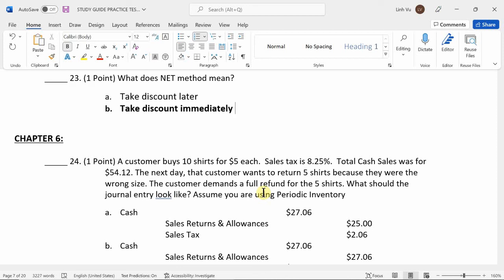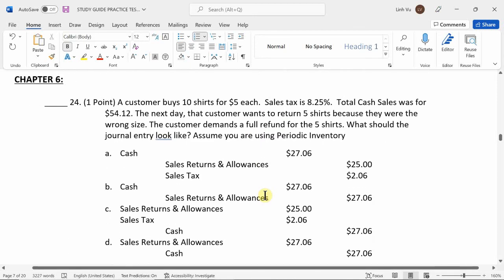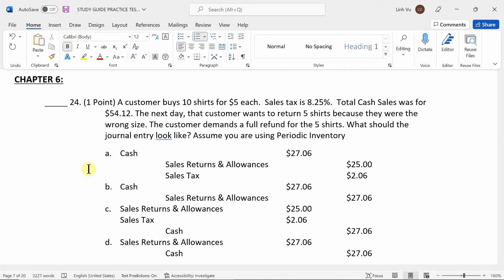What should the journal entry look like? Assume that you are using periodic inventory. So you're returning to a customer. We are just doing the portion where we are refunding the money to the customer, correct?